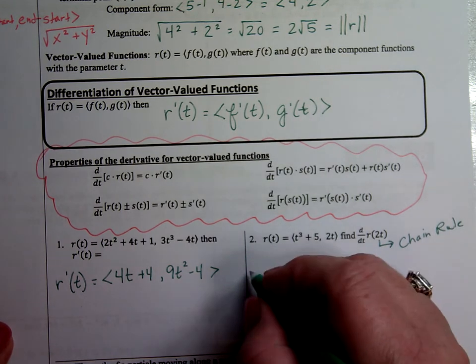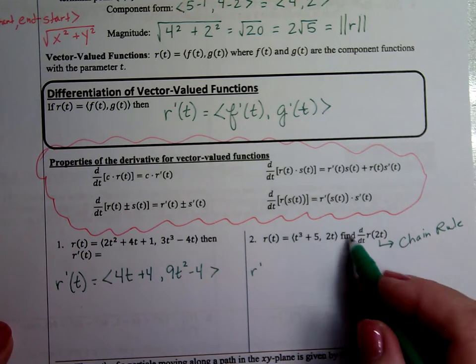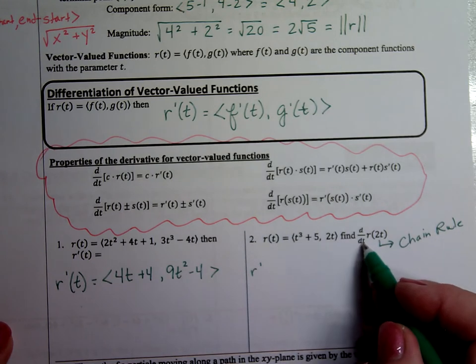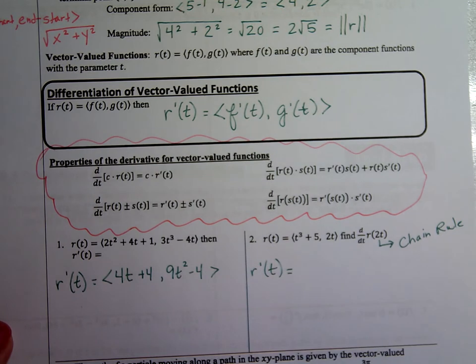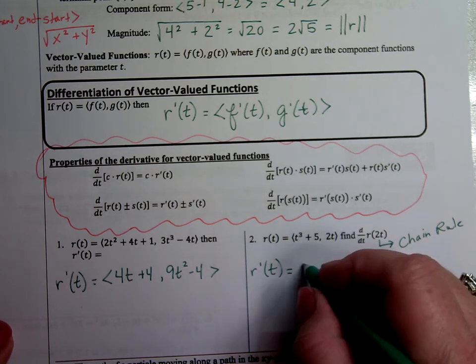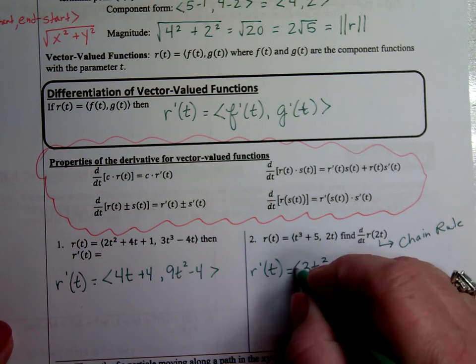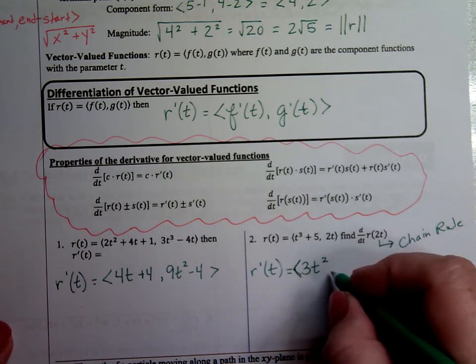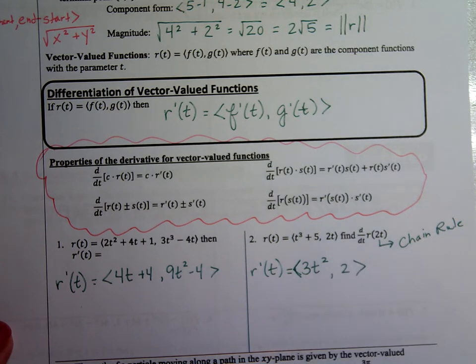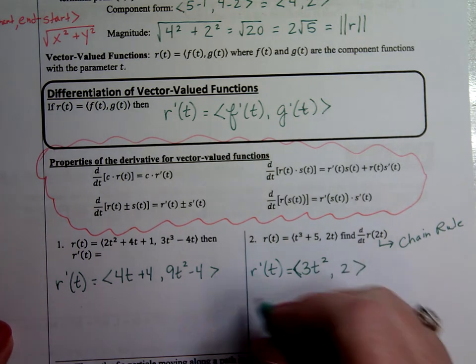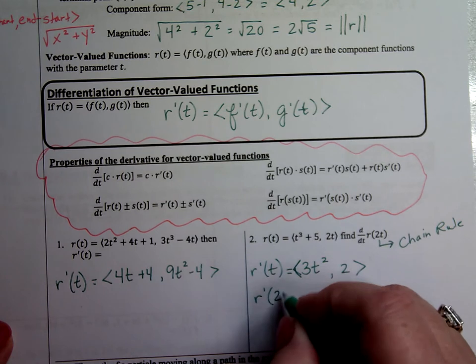To take the derivative of this thing, find the derivative. This is just a notation for the derivative. We're going to go with just r prime of t first. That's the same as we did in number 1. It's going to be 3t squared as my x component, and my y component's a 2. Now, what I really want to find, though, is r prime of 2t.